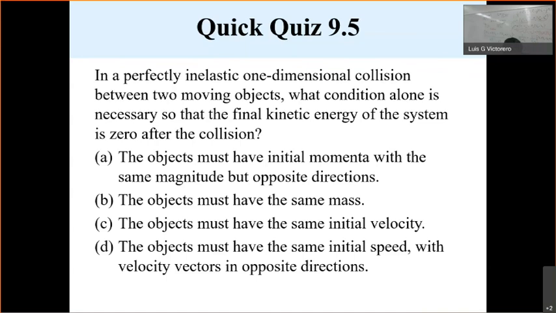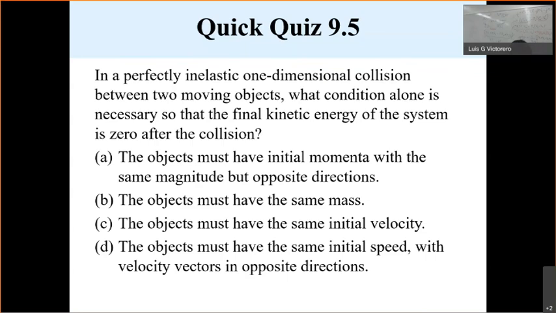If you want the system to be with zero energy, guys, the system should have zero speed. If you want the system to have zero speed, the momentum of the objects individually before the collision should add up to 0. So let's take a look at the options.